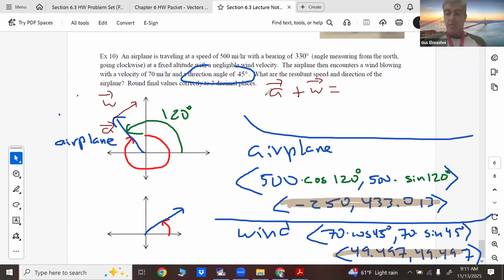So we have both vectors. That's going to be that plus negative 250. So that should be negative 200.503. That's a decimal point. Sorry about that. And then that plus the other guy, 482.5105.